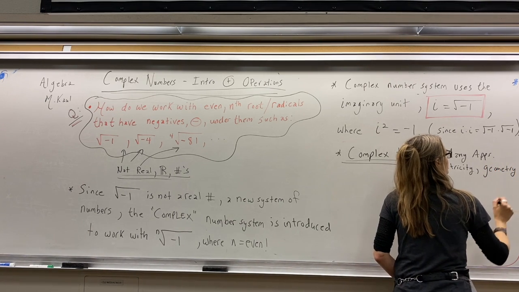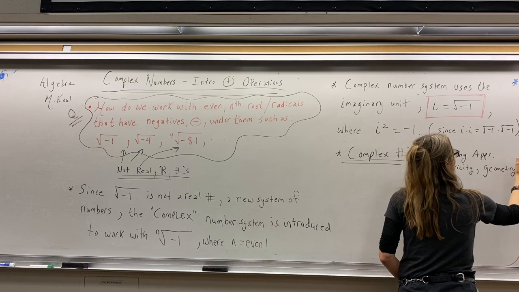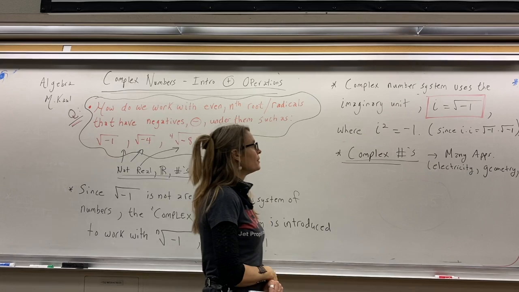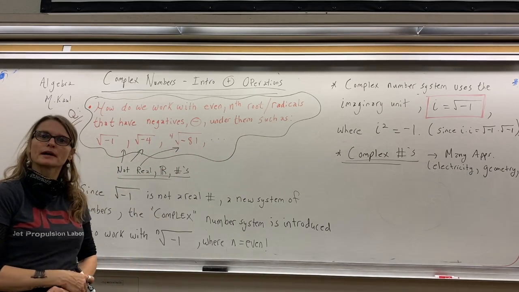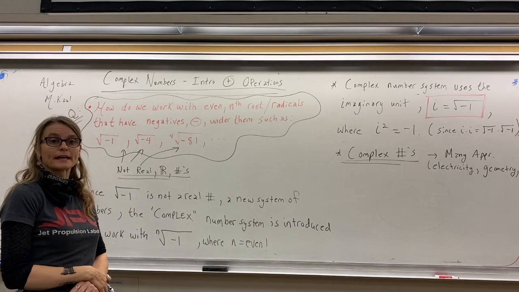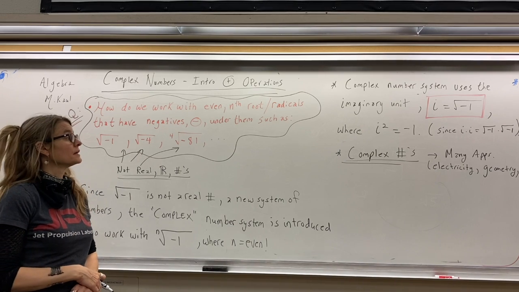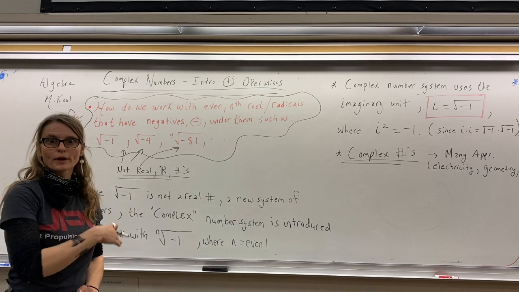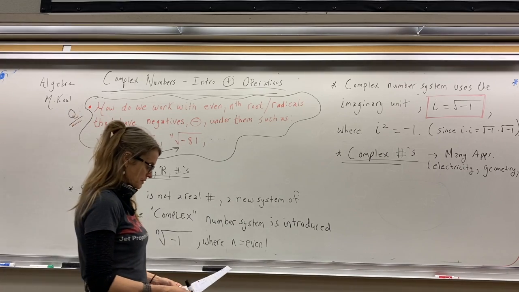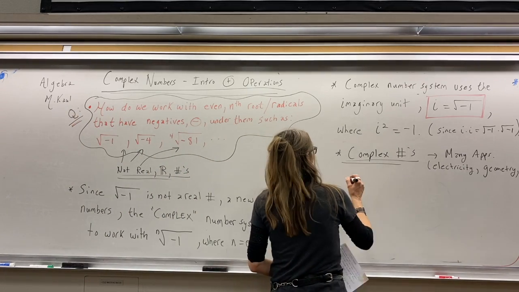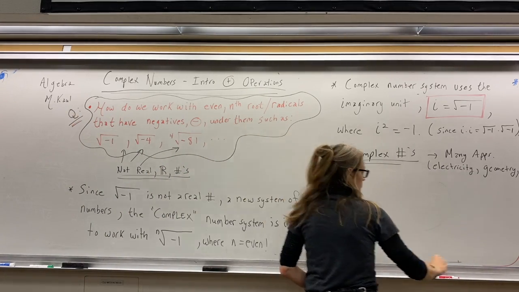I'll just say geometry for short, etc. Those are the main ones I'm familiar with. But the big idea is whenever you have a negative under a root in any problem solving, the complex number system is a way of working with those negatives under roots. So complex numbers are really important.